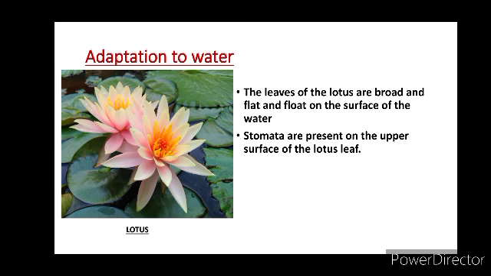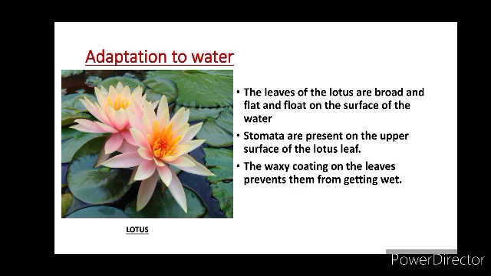The waxy coating on the leaves prevents them from getting wet in water. Here the lotus is floating, right? It is a floating aquatic plant. Air cavities present in the stalk of the flower and leaf help the plant to float.